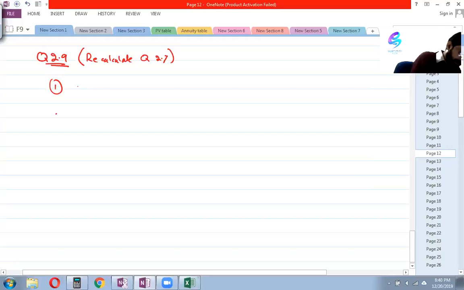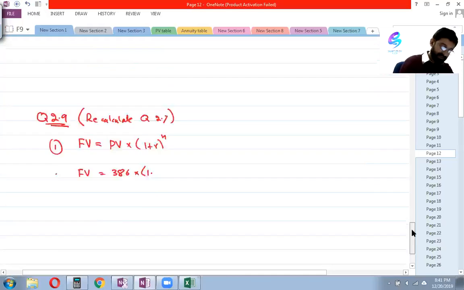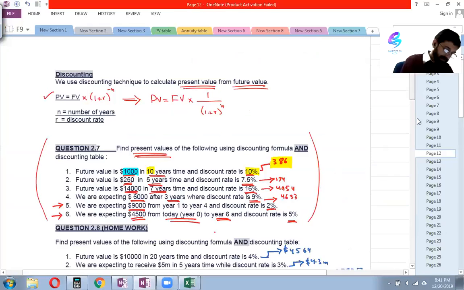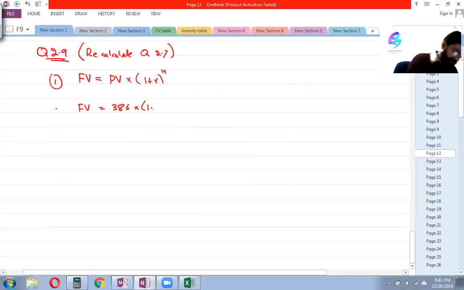So future value is equal to present value multiplied by 1 plus r raised to the power n. The present value we calculated was 386. So you multiply it with 1 plus r, which in the question is 10%, and 10 years. So 1.10 raised to the power 10.